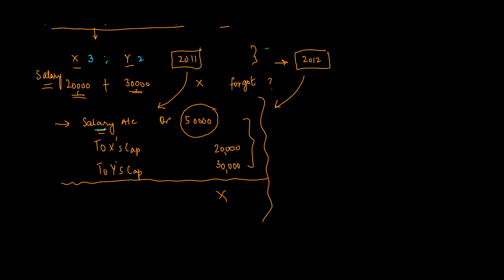So what I would have done is debit profit and loss account to X's capital account, to Y's capital account, in the ratio 3:2. So 50,000 was the profit which got understated, and that profit would have been transferred to their capital accounts in the ratio of their profit sharing, 3:2.